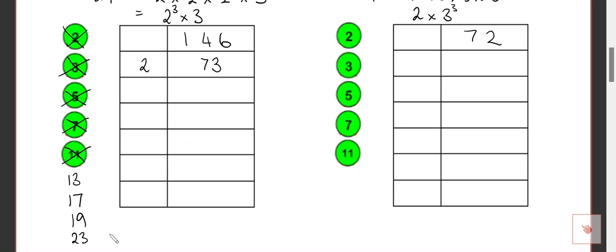So the conclusion we could come to is that the only thing that goes into 73 is 73. So my prime factors are, as unsatisfactory as you might find it, 146 is just 2 times 73.